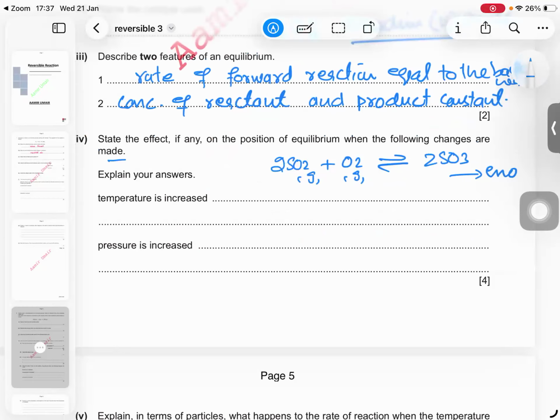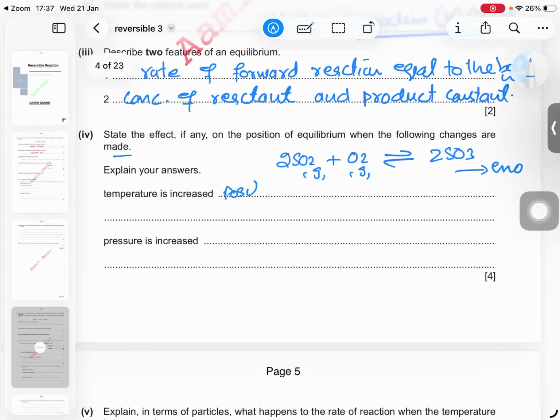Okay, here you go. Temperature is increased. What do you think? What happens to the position of equilibrium? Position of equilibrium moves to the left hand side. Explain why. Why does the position of equilibrium move to the left hand side?